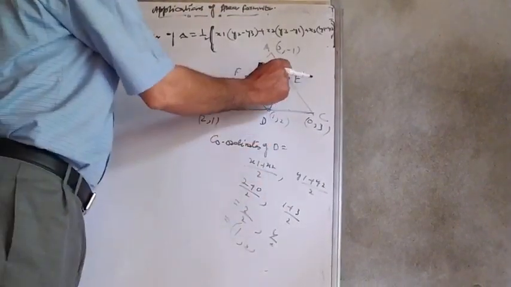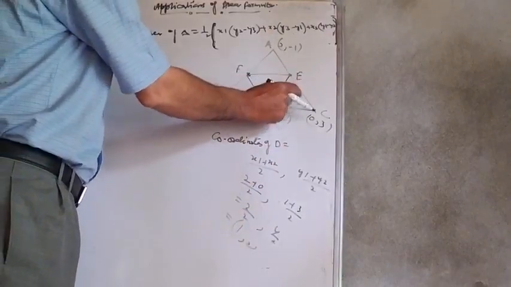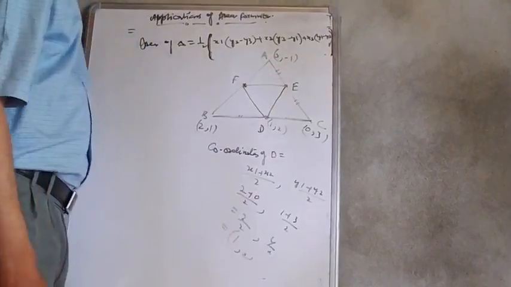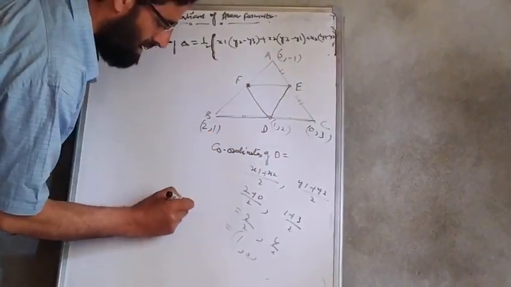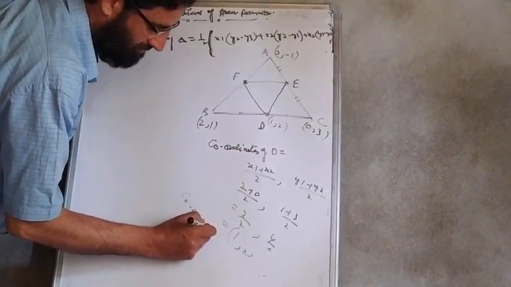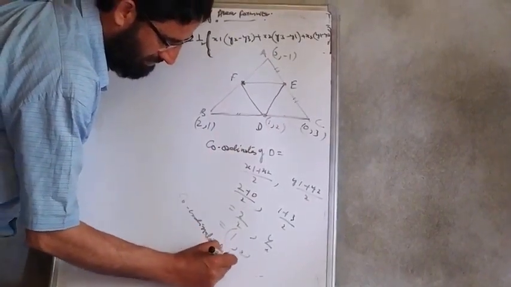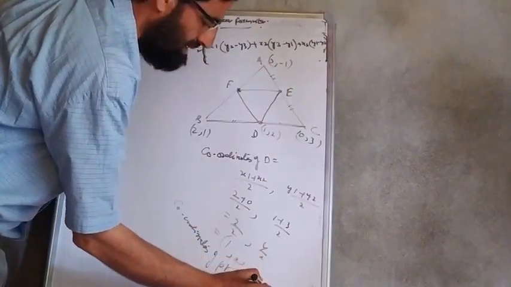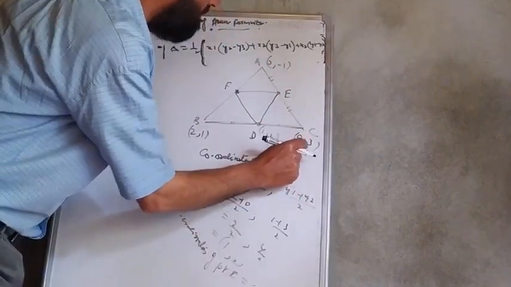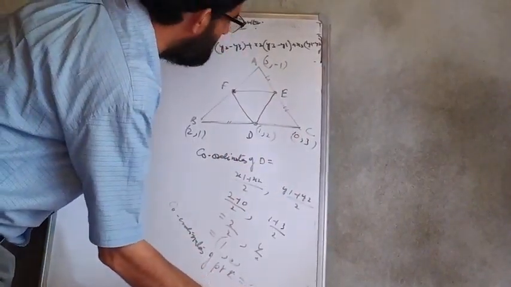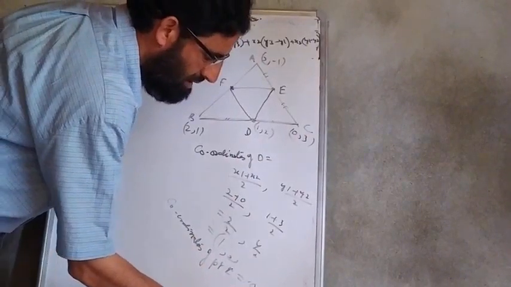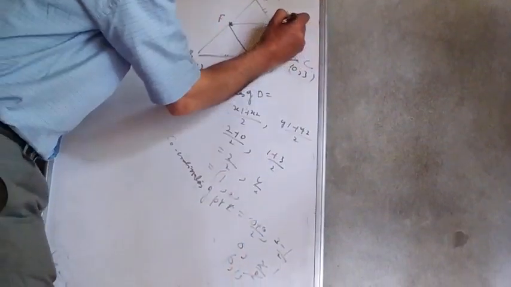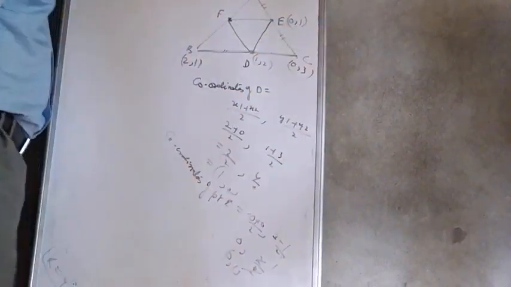Similarly, you can find the coordinates of point E. Again, since these sections are equal, the coordinates of point E are x1 plus x2 divided by 2, that is 0 plus 0 divided by 2, and y1 plus y2, that is 3 minus 1 divided by 2. So this is 0, and 2 by 2, that's 1. So 0 and 1 are the coordinates of point E.